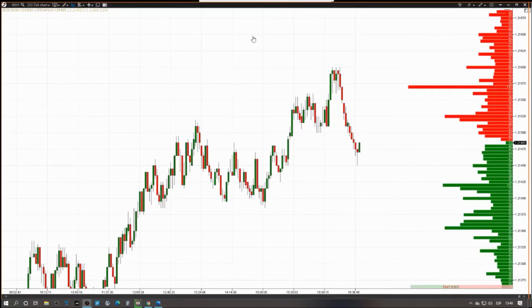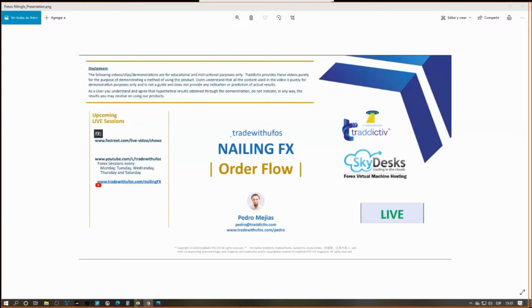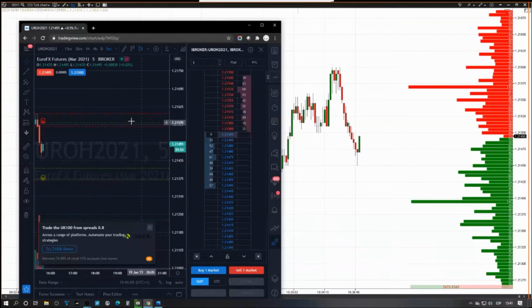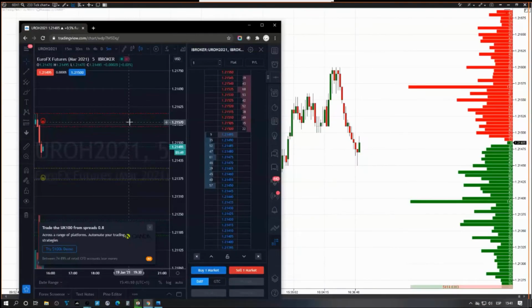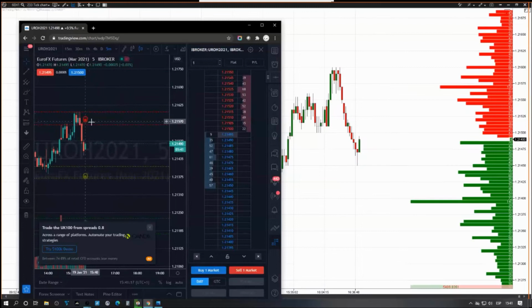If we bring up the TradingView, we can see this selling area here that actually is confirming us, because you can see in this price, at the same level, the price is 1.21570, which is right here in the TradingView, exactly where this red dot is, which is the UFO.